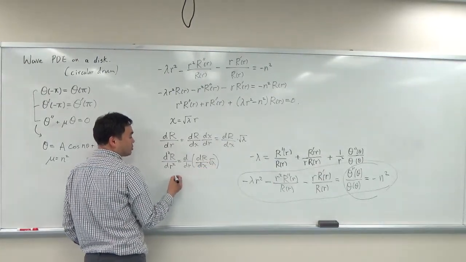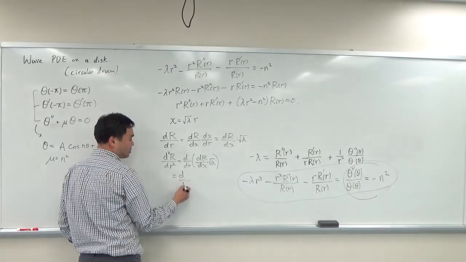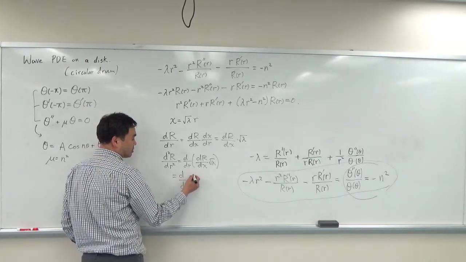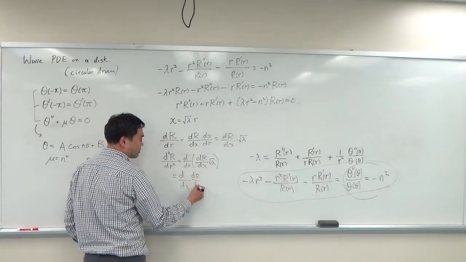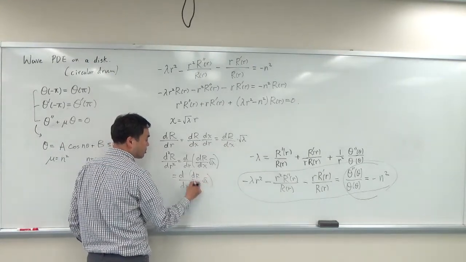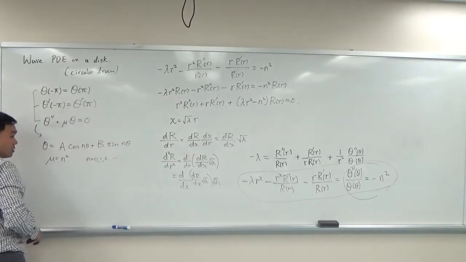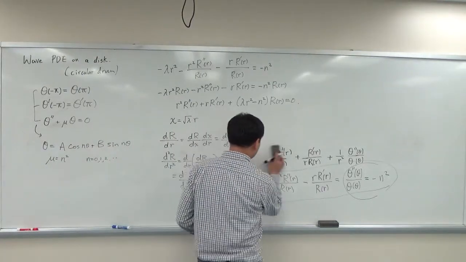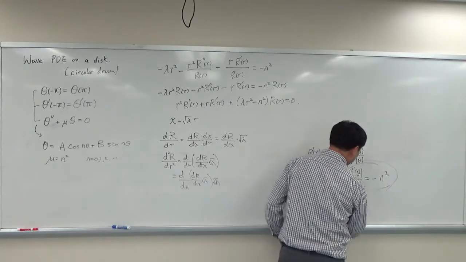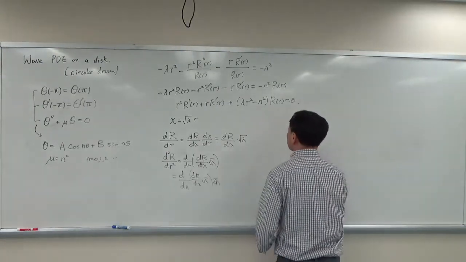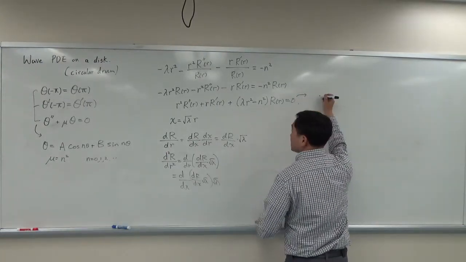And then again use the fact that dx/dr gives square root of lambda, there's another square root of lambda. So that tells us that we can rewrite this equation in terms of x as the following.